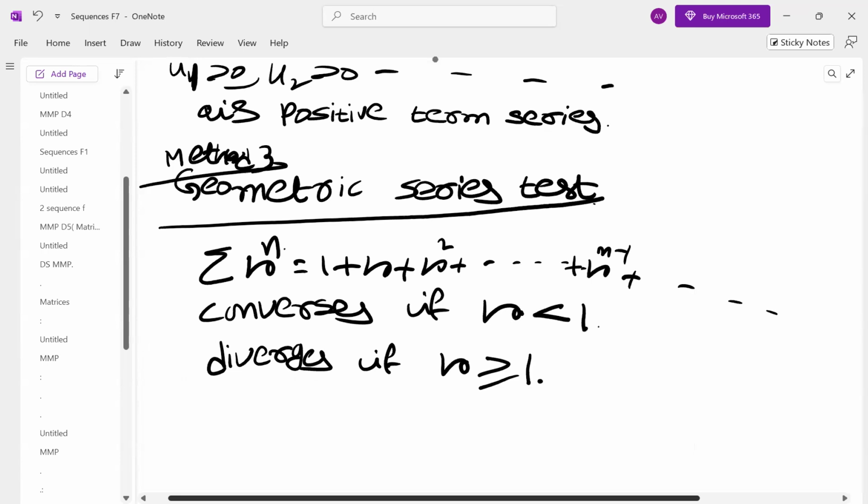I'm not taking negative terms, all are positive, so it is a positive term series; that's the reason I'm not taking modulus r less than 1. Alternatively, we'll discuss later. So if it is in this form, if r is less than 1, convergent; r greater than or equal to 1, divergent.